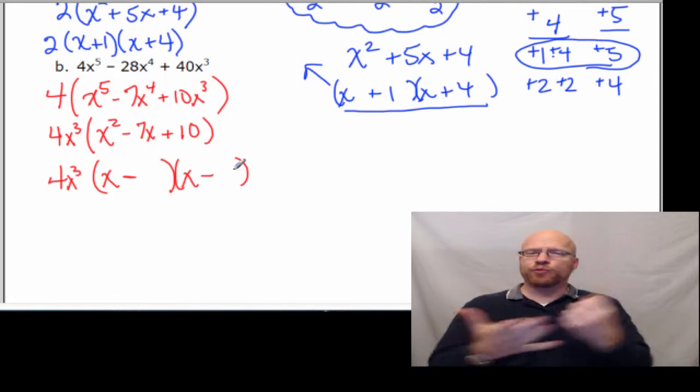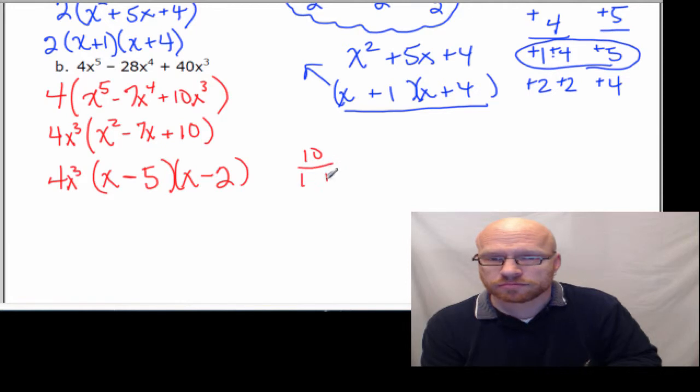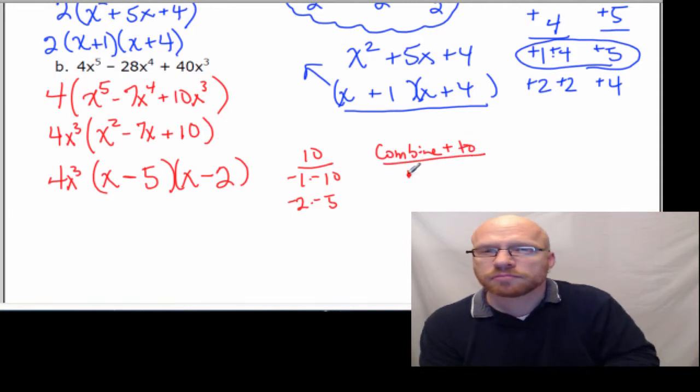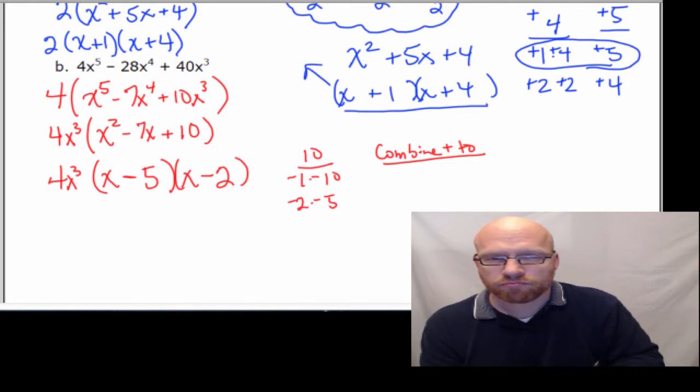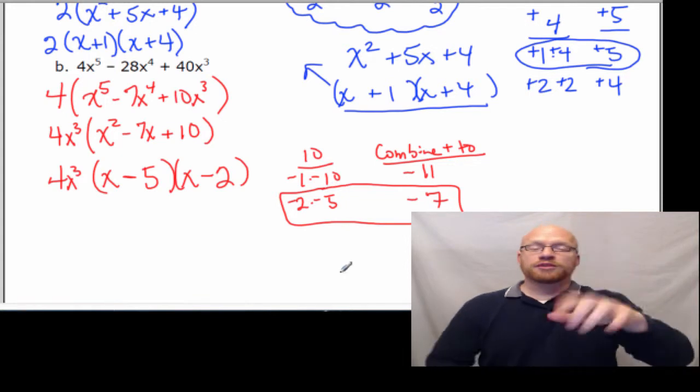Negative 2 plus negative 5 equals negative 7. Okay, just showing my work now.